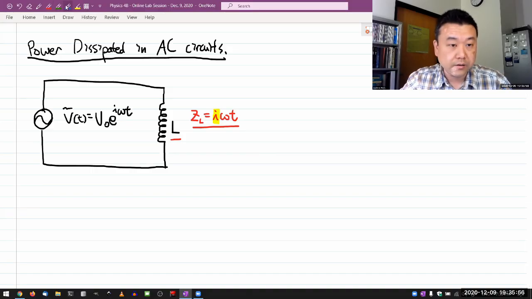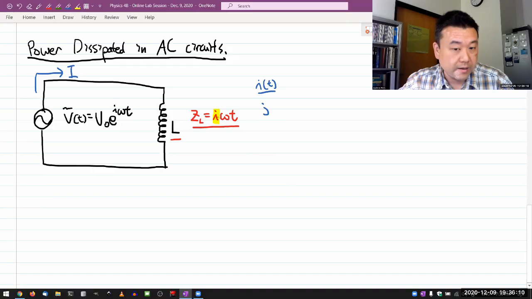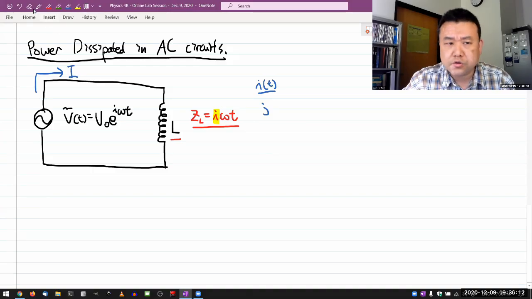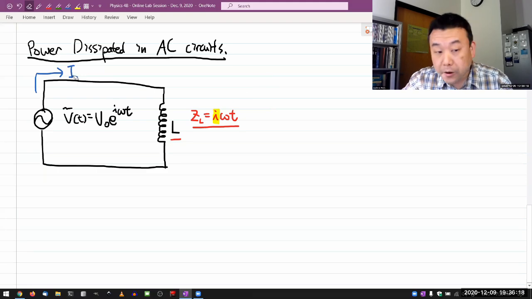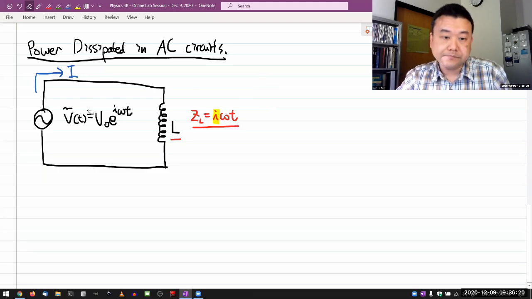When I mean current, I will be using capital I. In electrical engineering, for some reason they use lowercase i for current often, and lowercase j to replace the imaginary unit. So that's a convention that you may see in the future. I'm not going to use that convention. My lowercase i's are imaginary numbers, and my uppercase I's are always current.